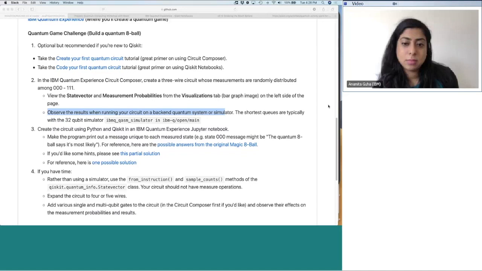If you look at the circuit composer, you'll see one of the visualizations is called a state vector. That state vector visualization has one bar for every basis state. So if you're dealing with 3 qubits, you're going to have 8 bars, 8 basis states.